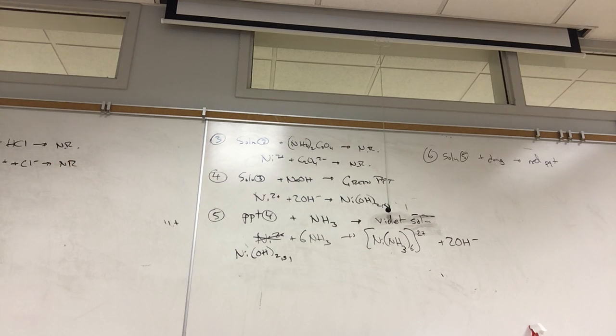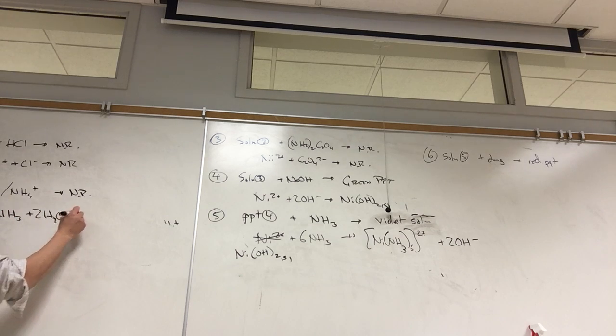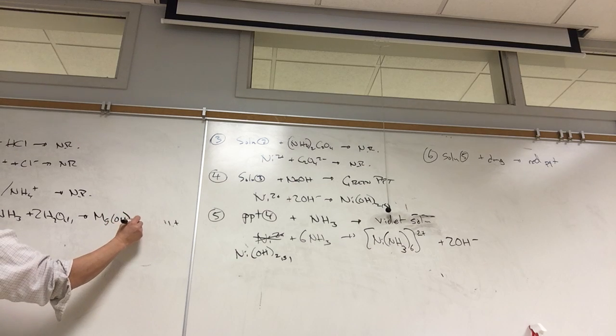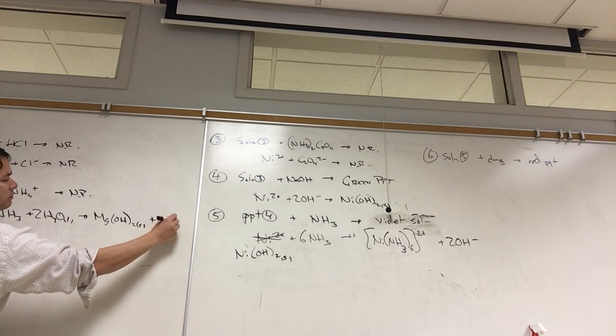In step 2, we have magnesium ions plus ammonia/ammonium. This gives us no reaction here, although it should give us a reaction, because magnesium 2+ plus 2 ammonias and 2 waters should precipitate out magnesium hydroxide, solid, and 2 ammoniums.